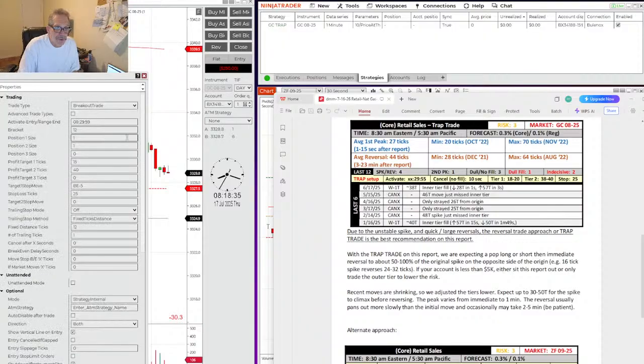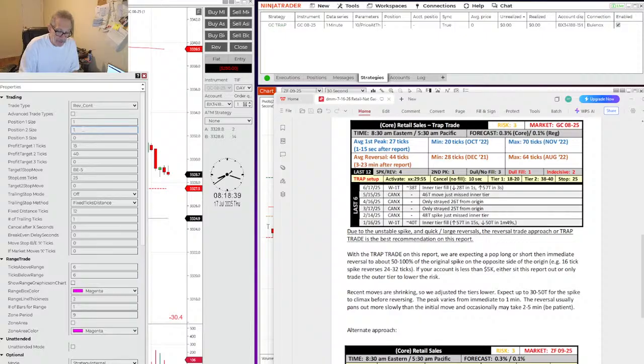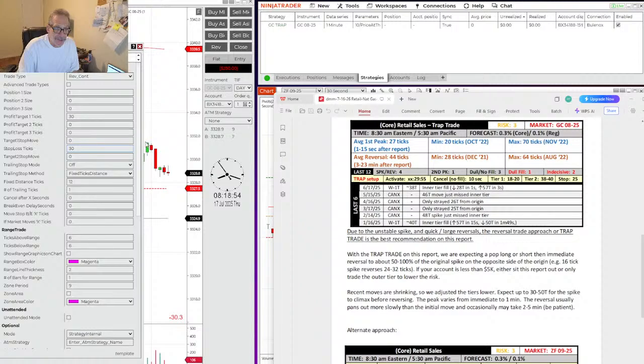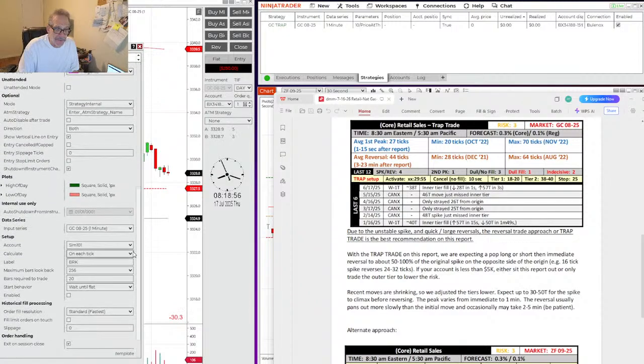Double click News Trader, change the breakout to a reverse continue. Just one position on gold, it's $10 a tick. We'll do a 30 tick target and a 30 tick stop. It's a discretionary trade. When you enable a reverse continue, you get buttons, instant long, instant short.